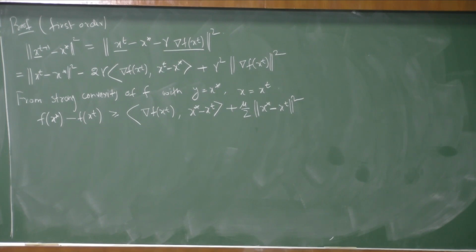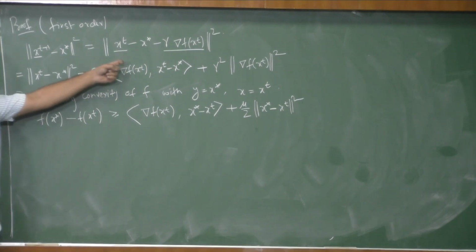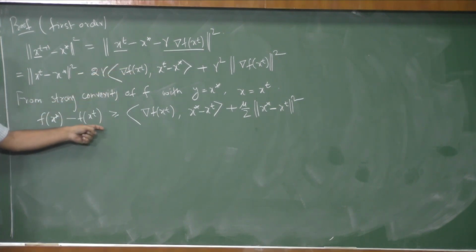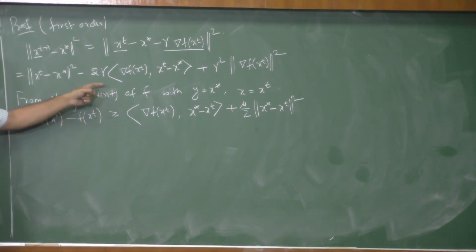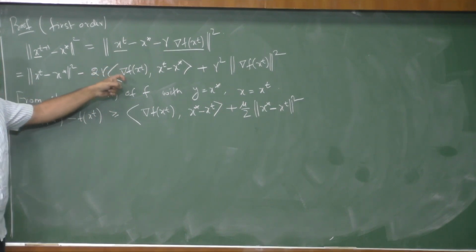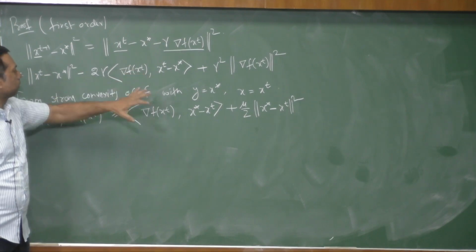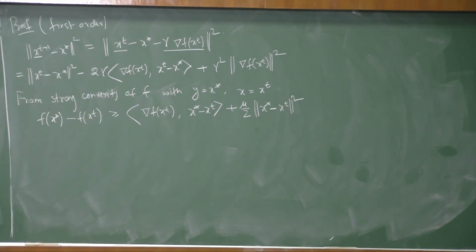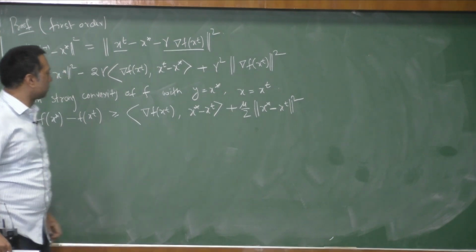Now the idea is that you figure out an upper bound for this from here. I will rearrange things so that minus 2 gamma times this quantity is less than or equal to something. What I need here is x(t) minus x star, but here it is x star minus x(t).